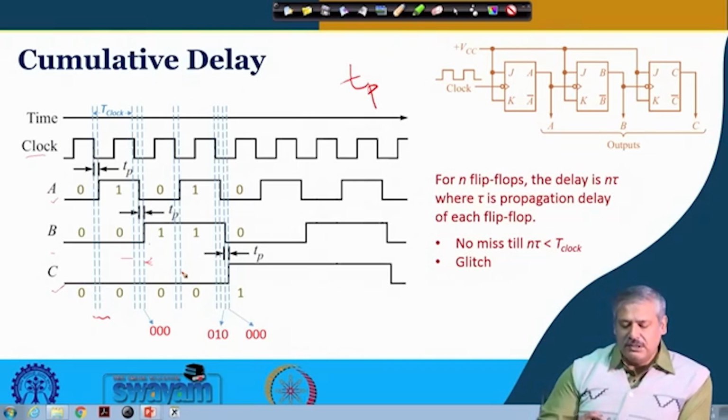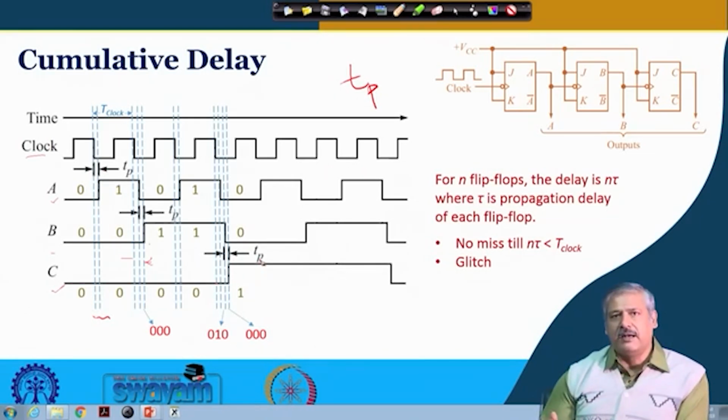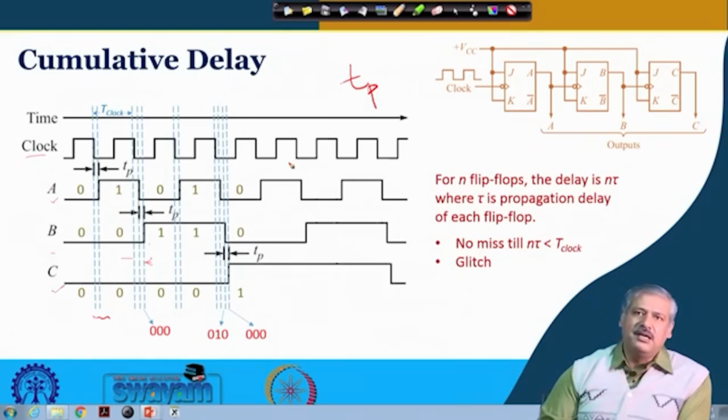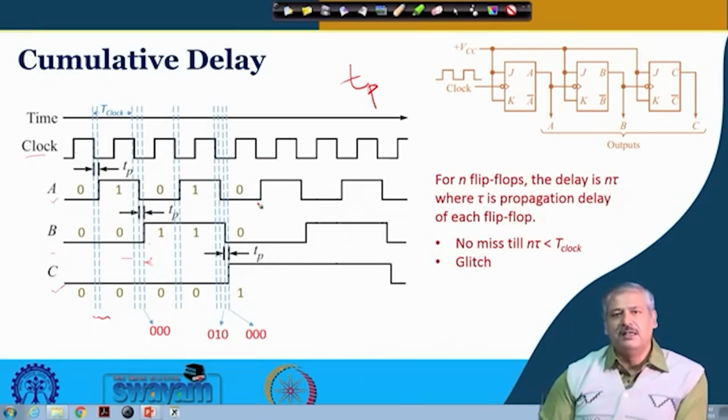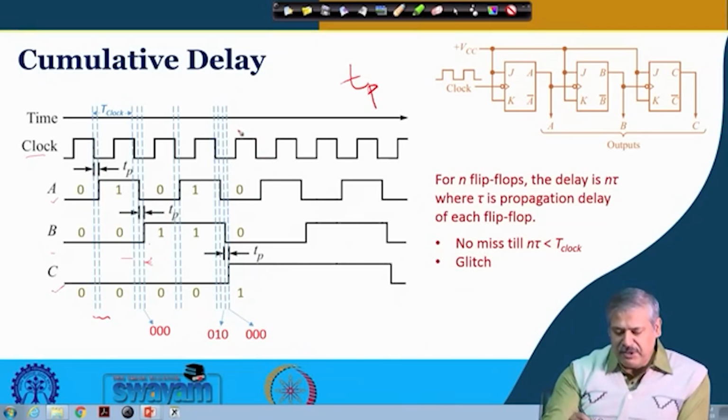If you are having very fast clocking, then when these propagation delays add up for an n-bit counter and become comparable with the time period of the clock, there can be a problem. When this addition extends beyond the time period, then within this time period 100 will never occur.